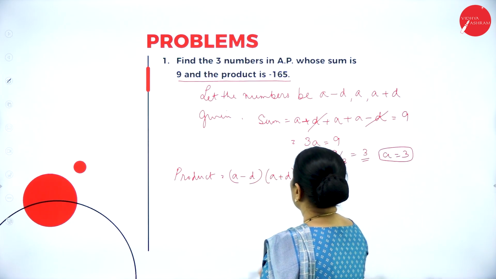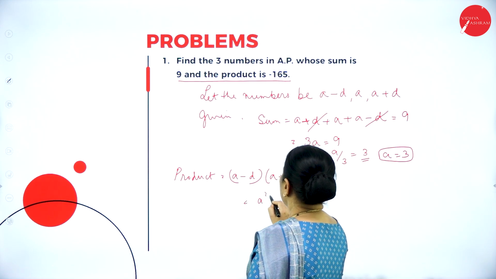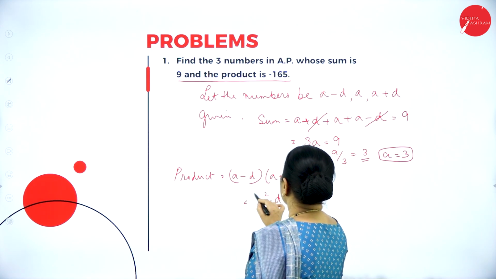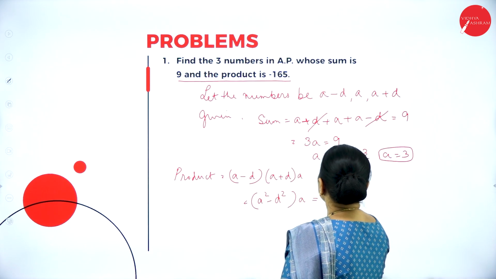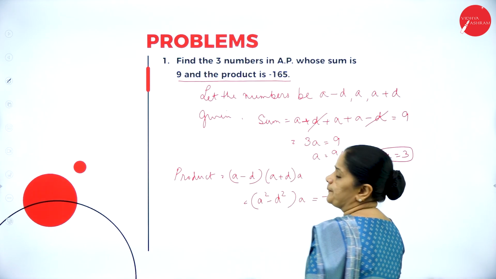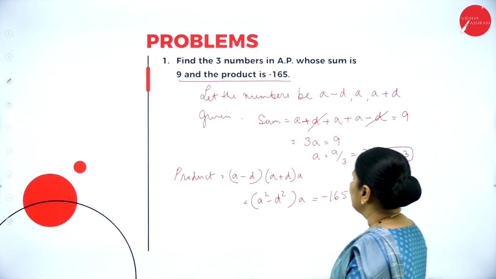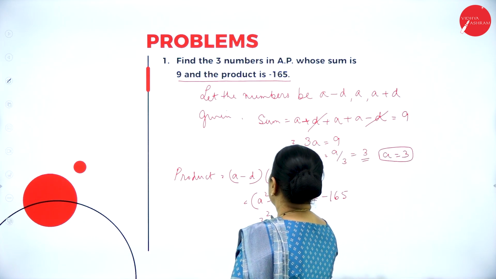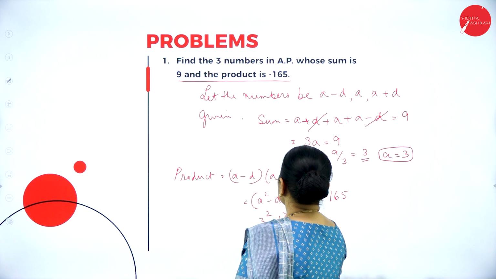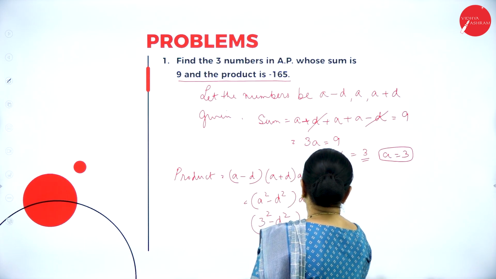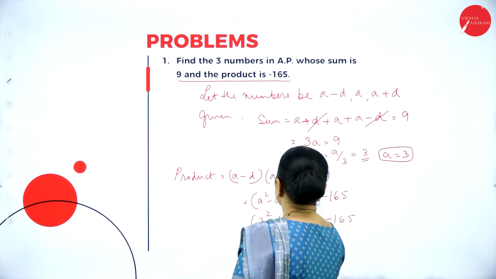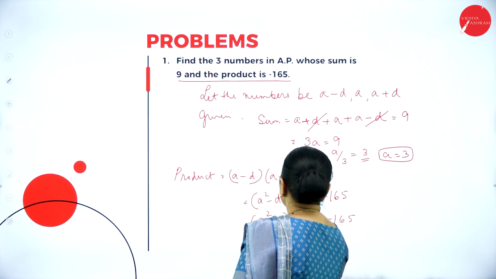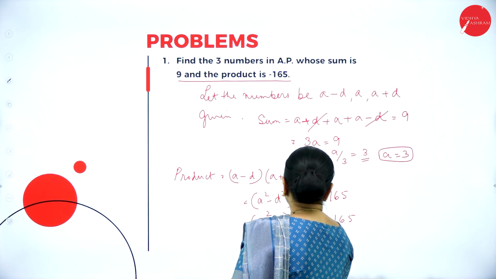So this will be equal to A square minus D square into A equals minus 165. But we know the value of A. 3 square minus D square into A equals minus 165.